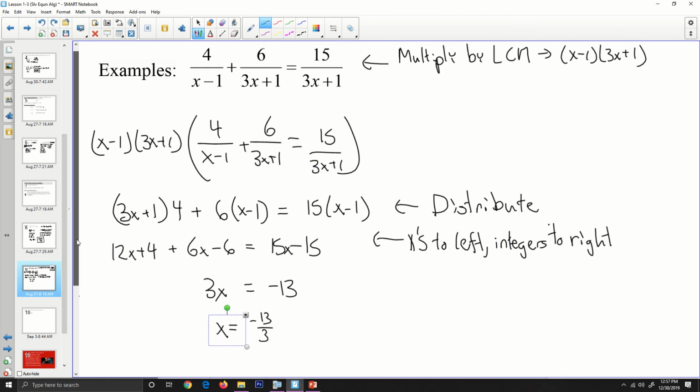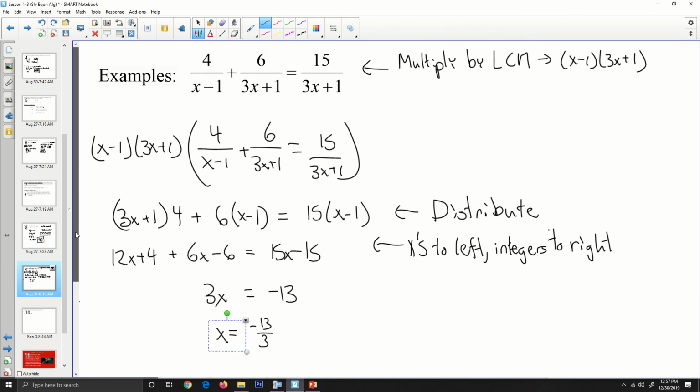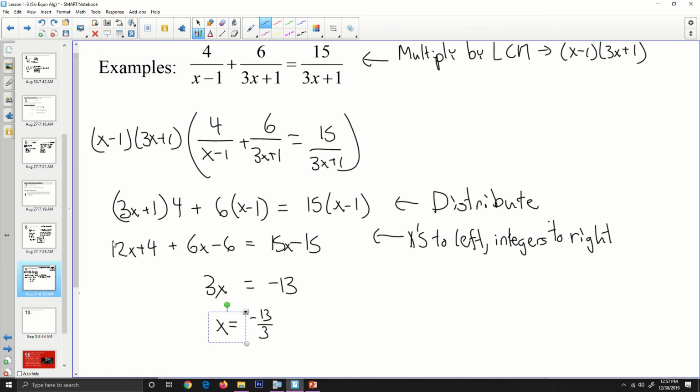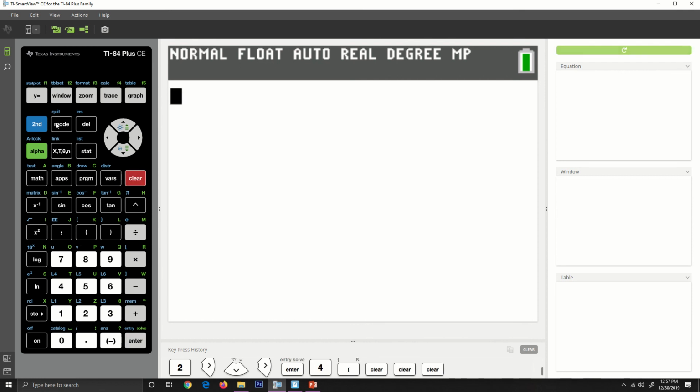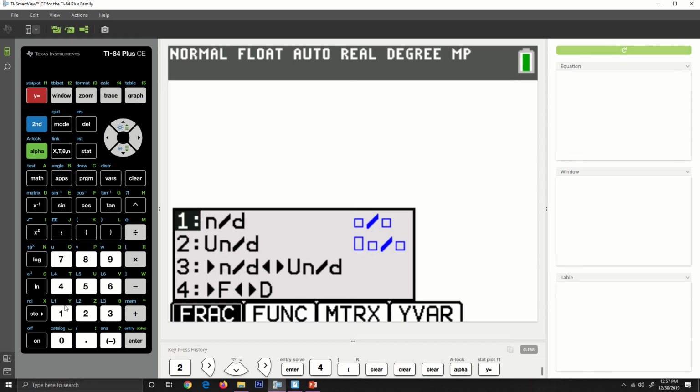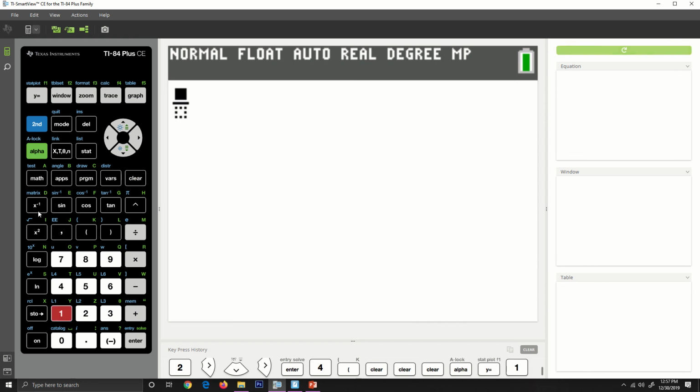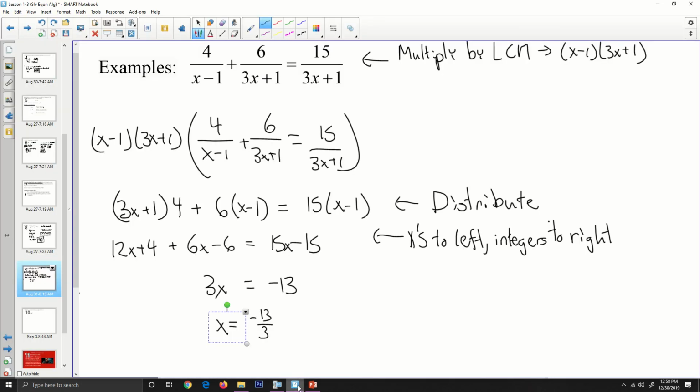Now, let's see. I suppose we'll have to just go ahead and check that. And then again, let's do it with a graphing calculator. So I got 4 over, oops, let's clear this all out. Let's see, so second fraction here, it'll be 4 over, let's check to make sure I got that right, x minus 1.